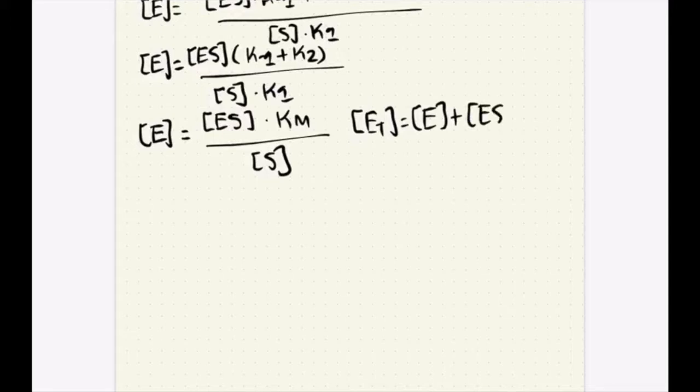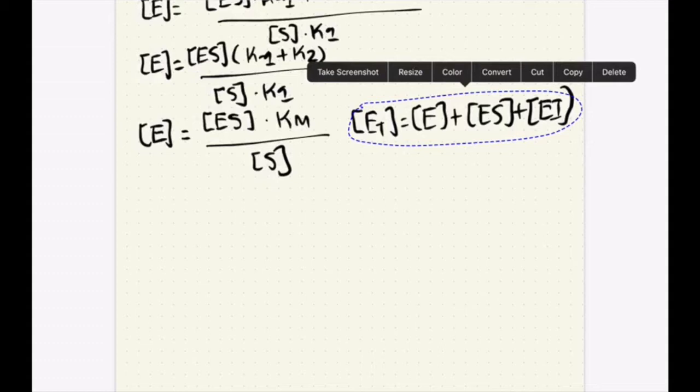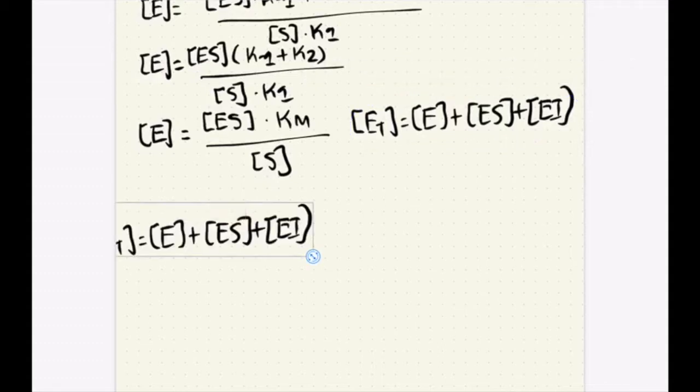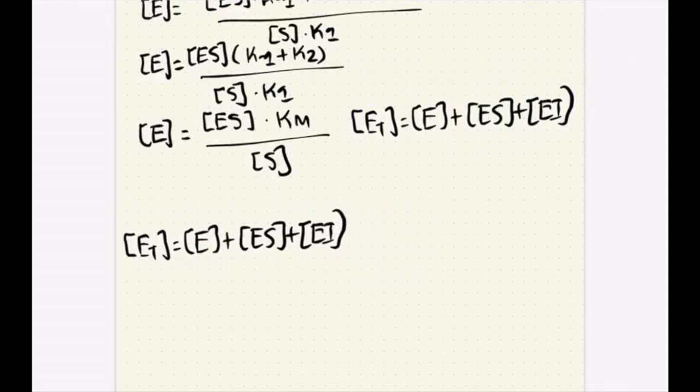So this was our previous equation, but now that we've found the enzyme concentration in terms of ES, we can now make it so that the total enzyme concentration is equal to the enzyme substrate complex concentration plus the enzyme inhibitor complex concentration plus the enzyme substrate complex concentration times the Michaelis constant over the substrate concentration.